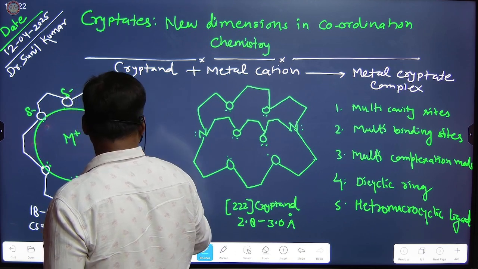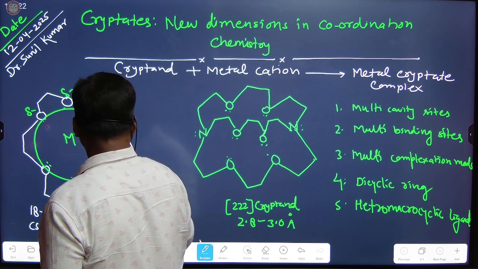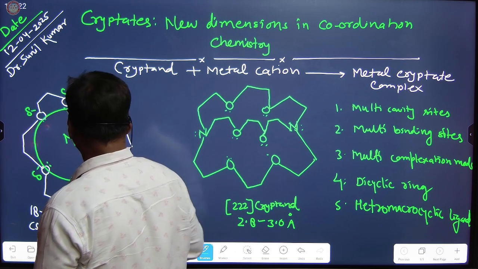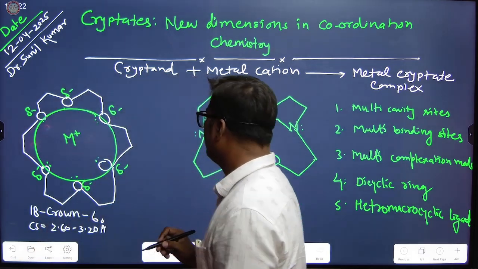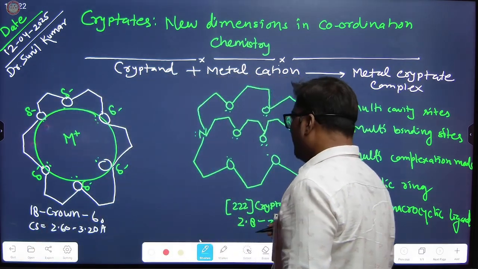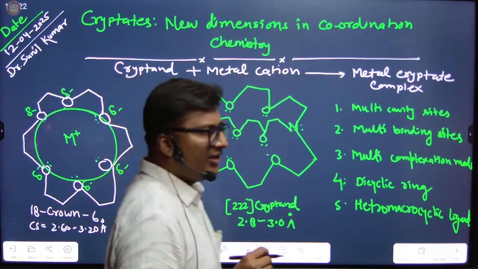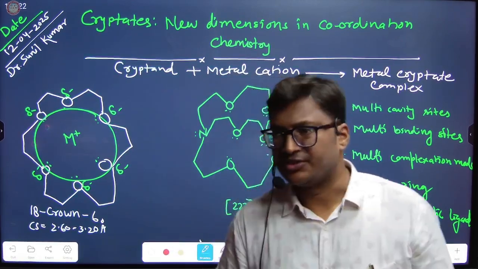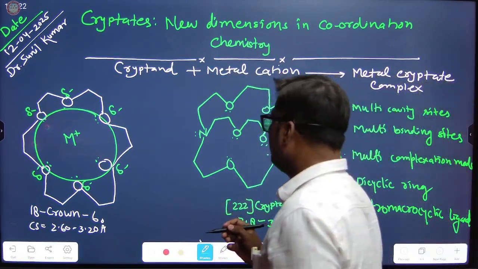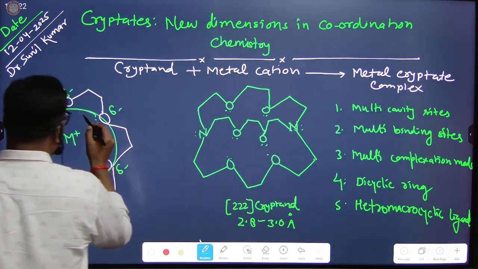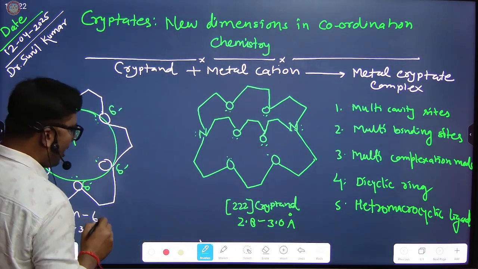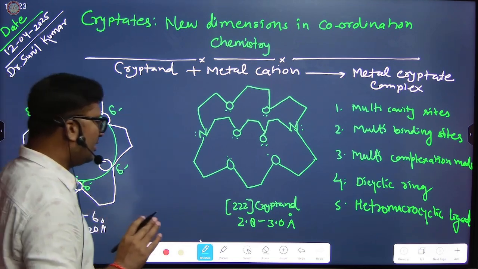So each oxygen acquires delta negative, it means the ligand is actually an electron rich species. So the inner part of the ring has high electron density, right?